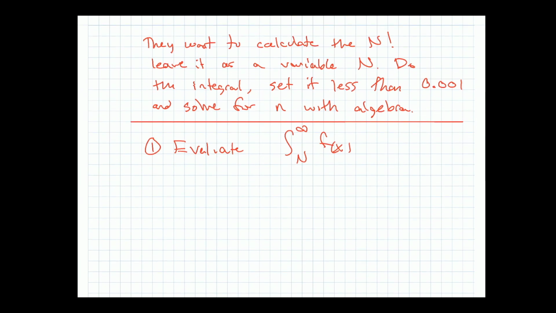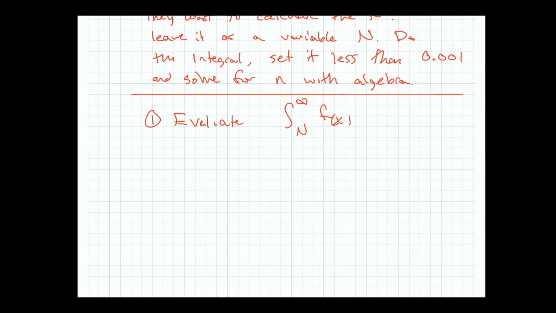So what was our function? Where is it? Okay, there it is. We need to do the integral from n to infinity of 3 over x to the 6, right?